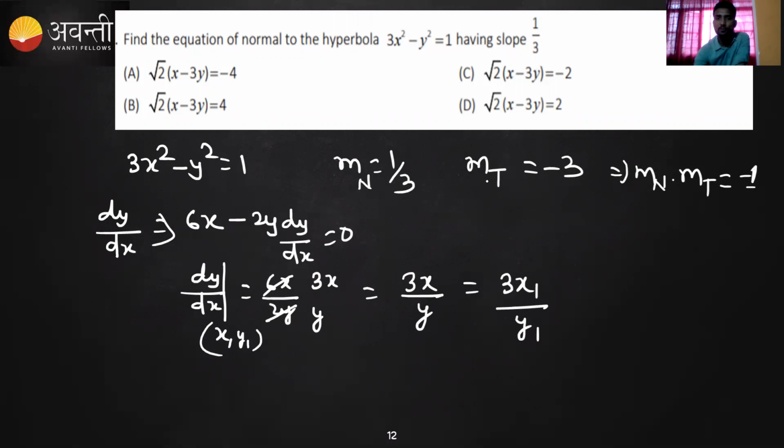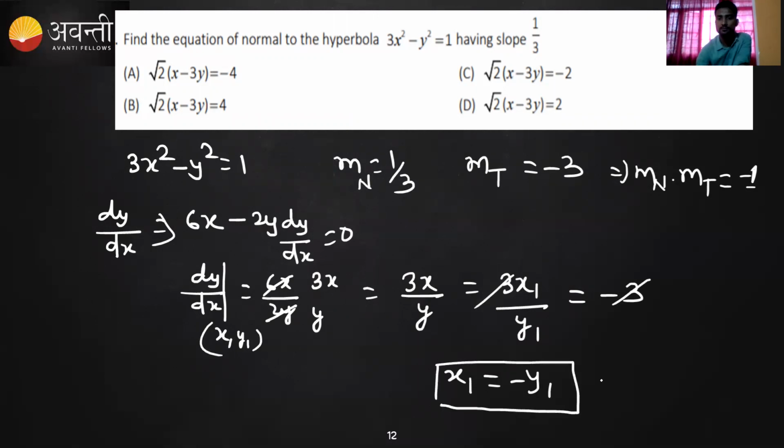So from here, we know this slope of tangent is equal to minus 3. So you can also write it like this, minus 3. 3 will be cancelled out. We will get a relation in x1 and y1, where it is a general point where we are finding this equation of normal. Okay, so x1 is equal to minus y1.